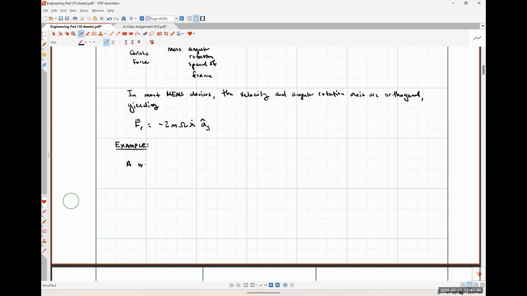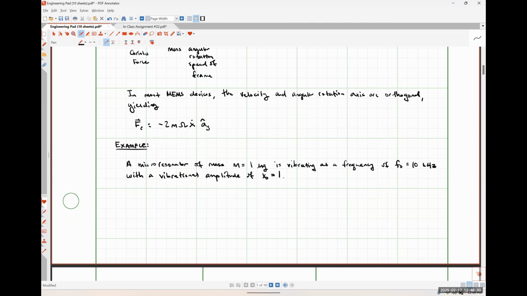But anyway, let's look at an example here. Let's say that a micro resonator of mass m equal to 1 microgram is vibrating at a frequency of f naught equal to 10 kilohertz, with a vibrational amplitude of x naught equal to 1 micron along the x-axis.